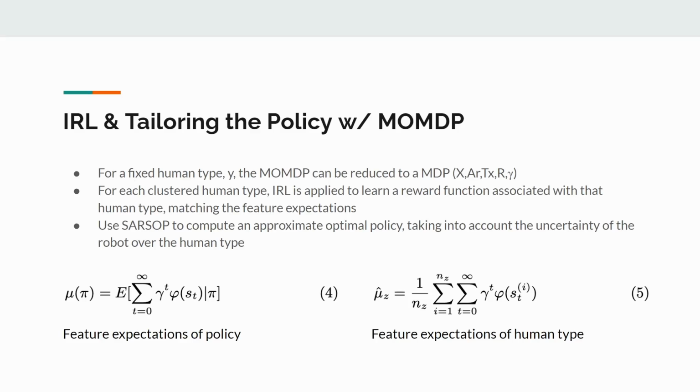And given that set of reward functions, you can then use SARSOP to compute an approximate optimal policy, taking into account the new human demonstrations in an online phase.